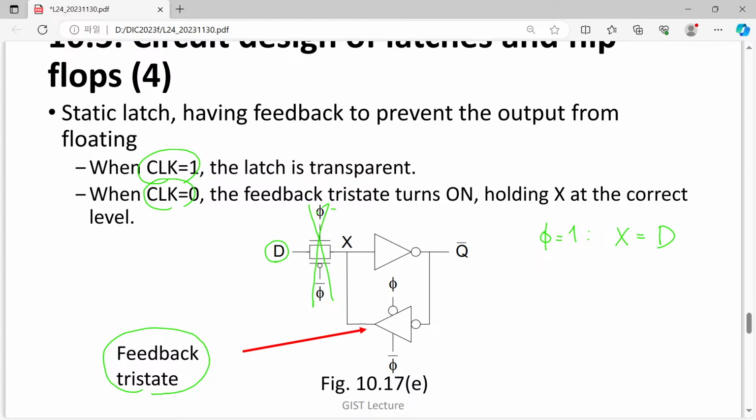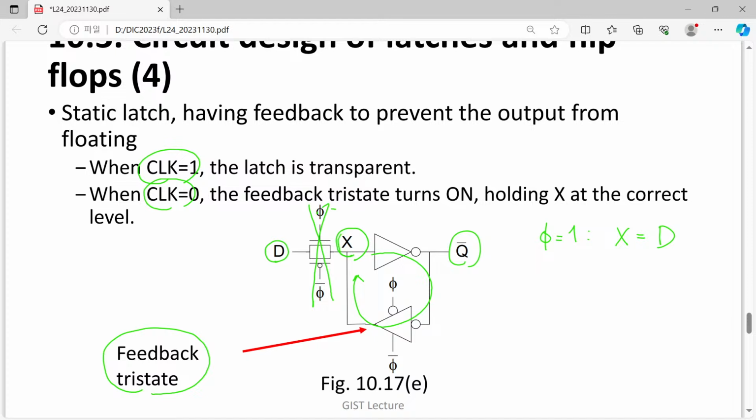Now it is enabled, so you can see that between X and Q bar we have just two coupled inverter chain.